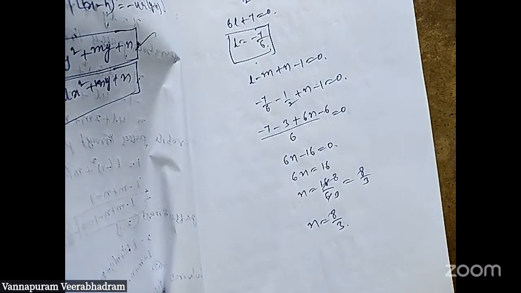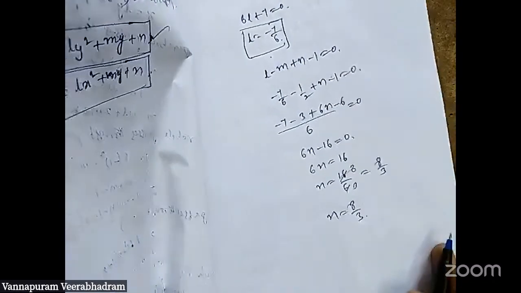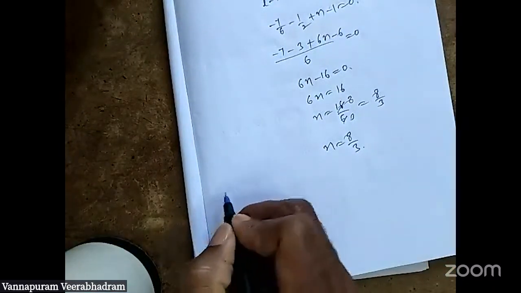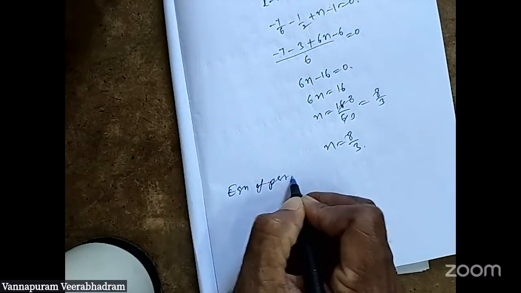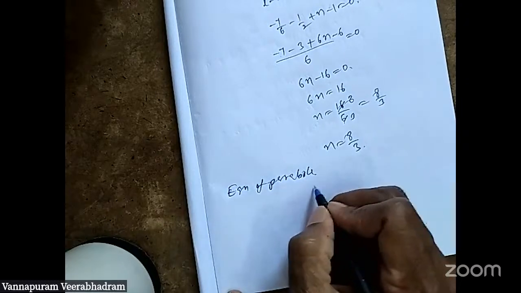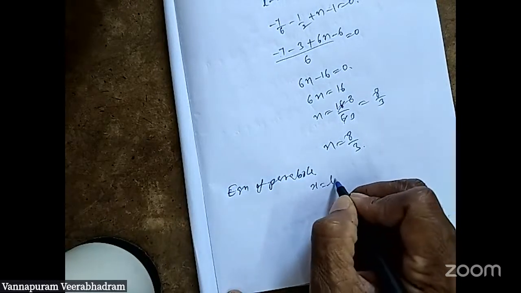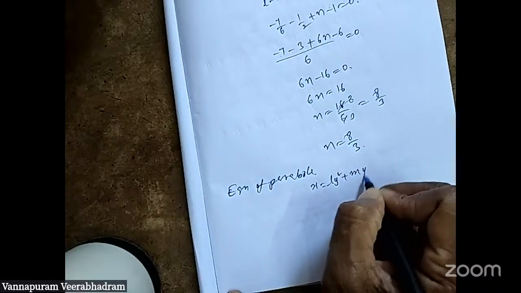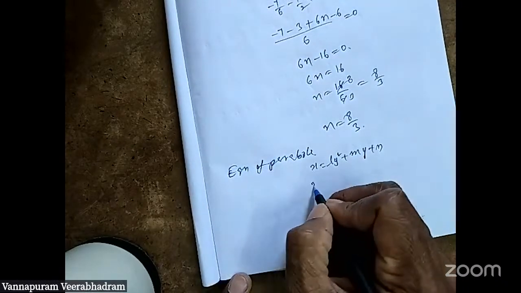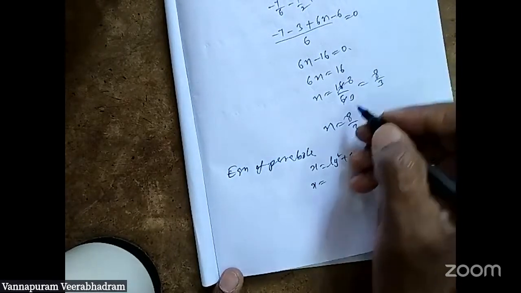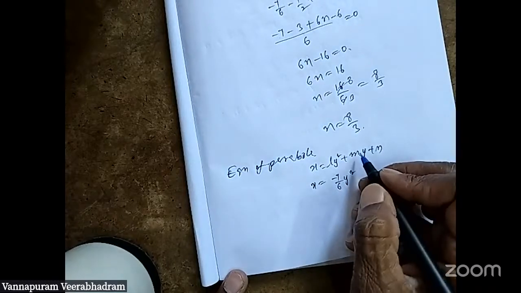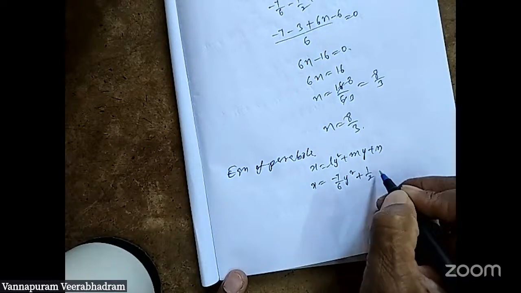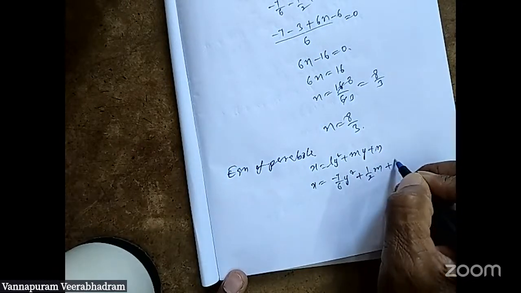So here we got the values of L, M, N. Therefore from equation 1, the equation of the parabola, x equals L y squared plus m y plus n. So x equals minus 7 by 6 y squared plus 1 by 2 y plus 8 by 3.